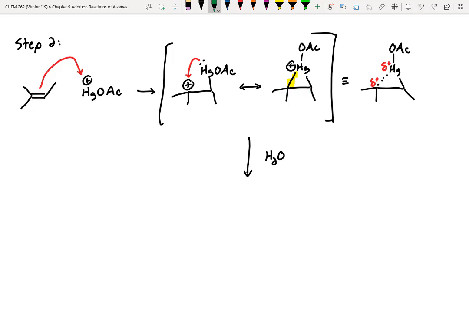Okay? So now we'll show this attacking in here. You can show this slingshotting up. Alternatively, we could have had it attack the resonance structure on the left-hand side. Doesn't really matter. So when water attacks in, it still has both of its protons on there.